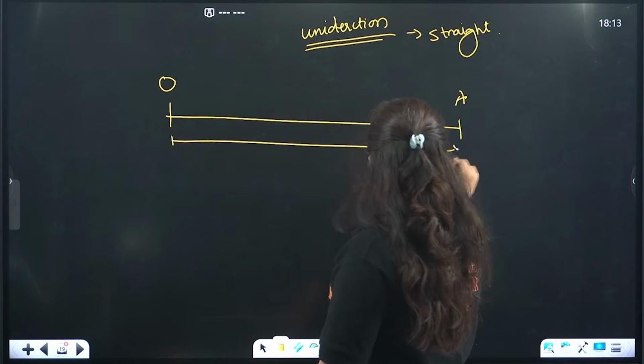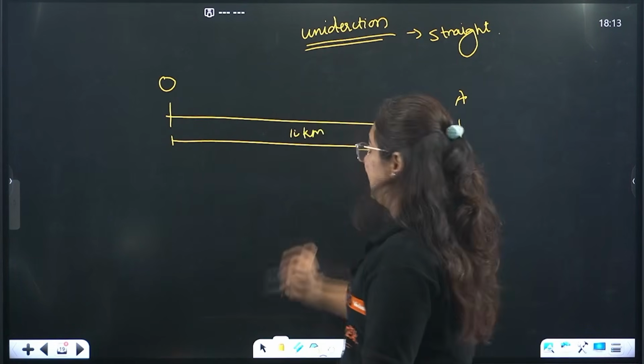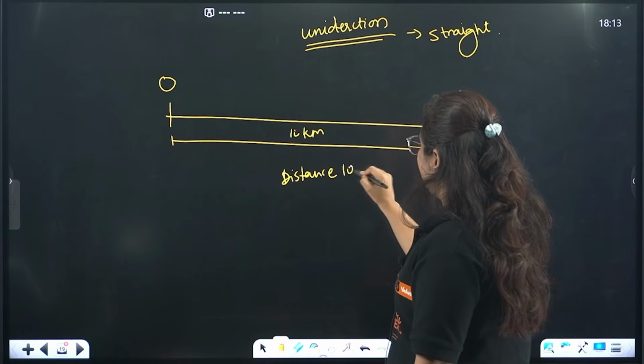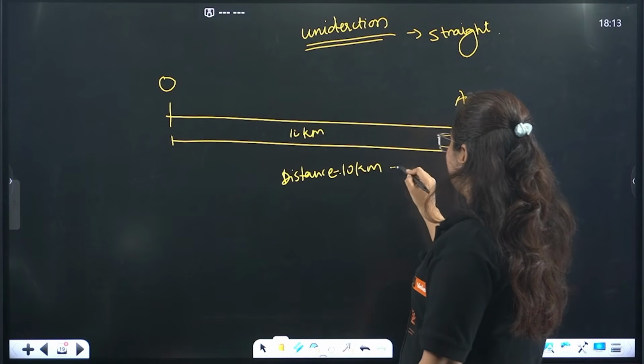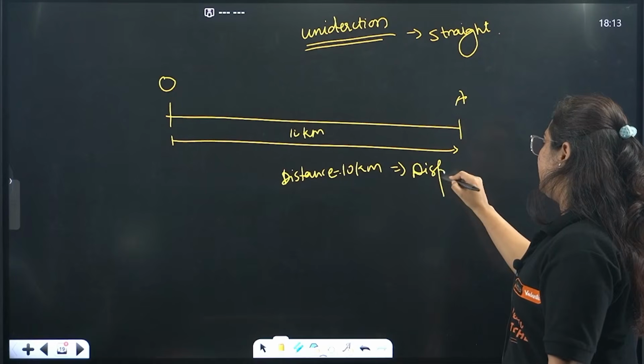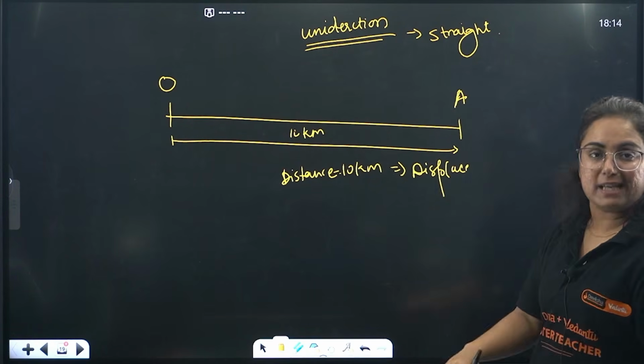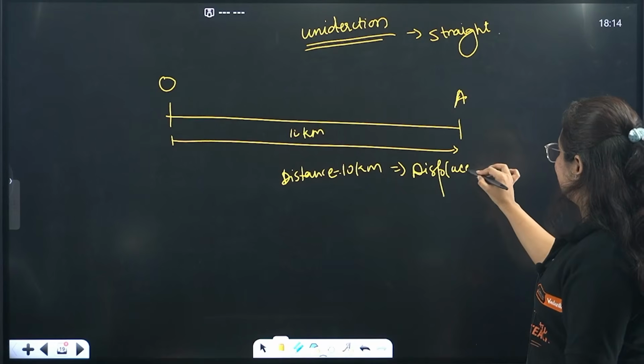He covered a distance of 10 kilometers swimming. The distance becomes what, bacha? 10 kilometers, which equals the displacement also here, because the initial position was O and the final position is A, which equals the distance.